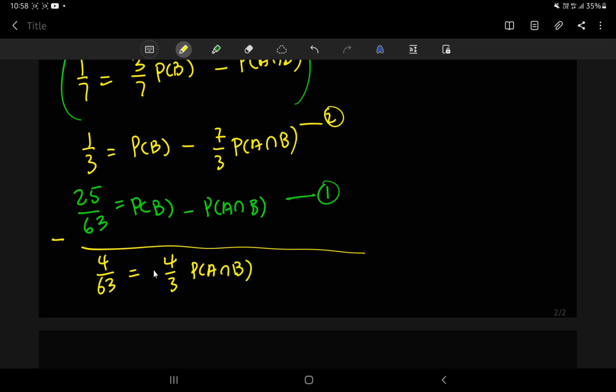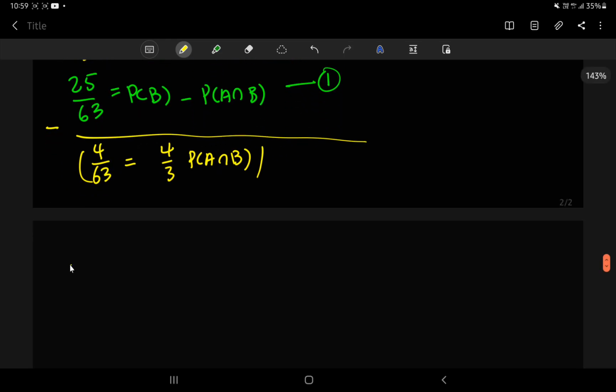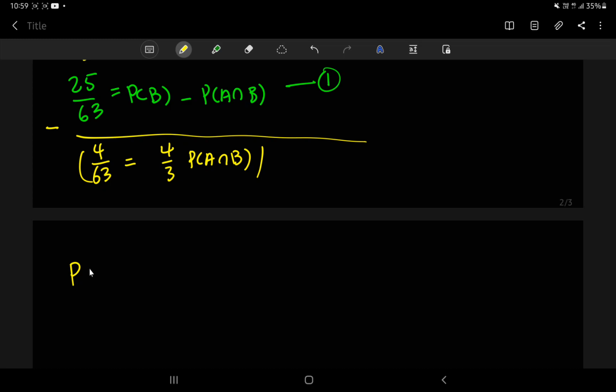Okay, so I subtract equation 1 and equation 2 together, and I get this. Then we divide both sides by 4/3, so I get the probability of A intersection B is 4/63 divided by 4/3, which is, I get what, 1/21, is it?